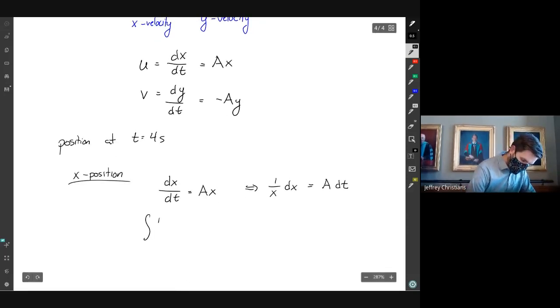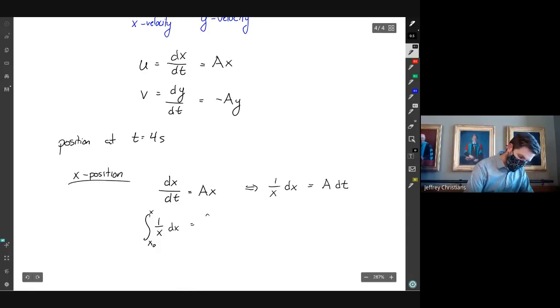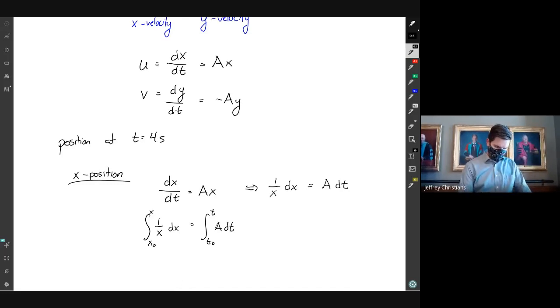Then we can integrate 1 over x from x0 to x, x0 being our initial position, x being the final position, equals the integral from t0 to t of a dt. If we do this integration, the one on the left is natural log. The one on the right is a times t.